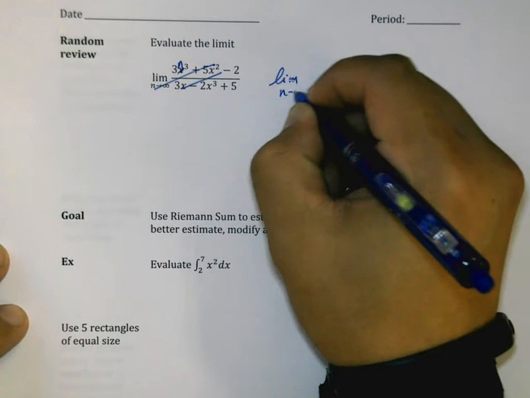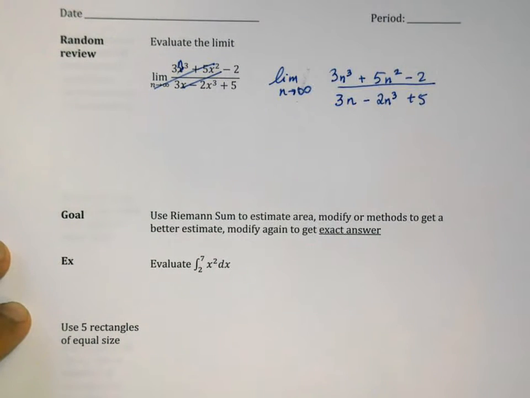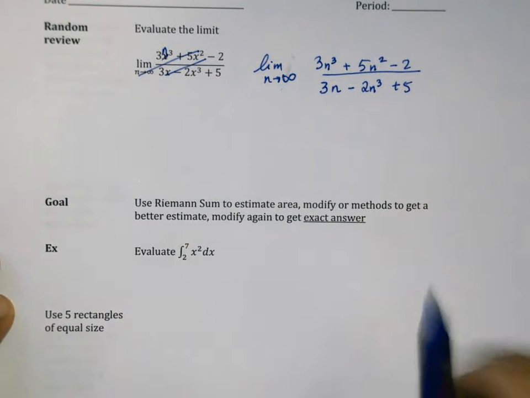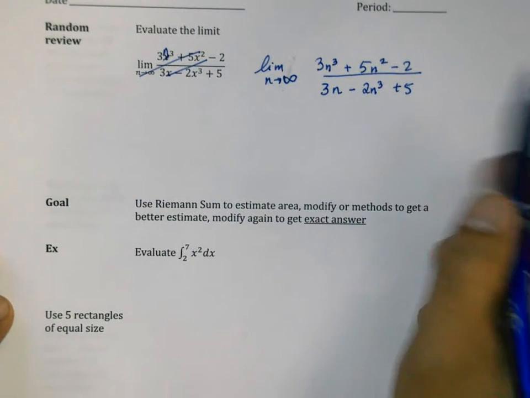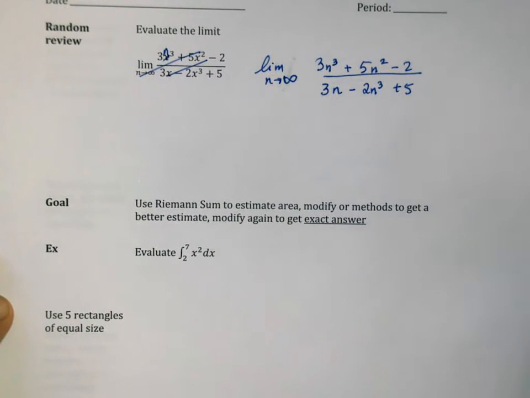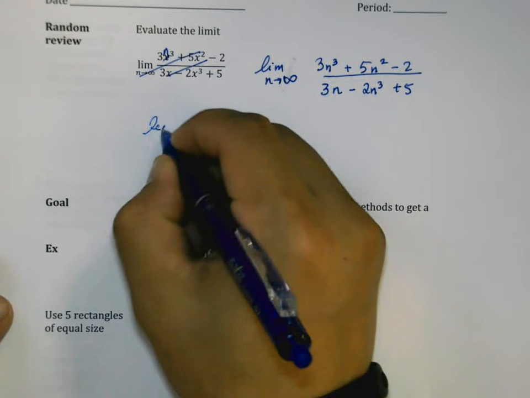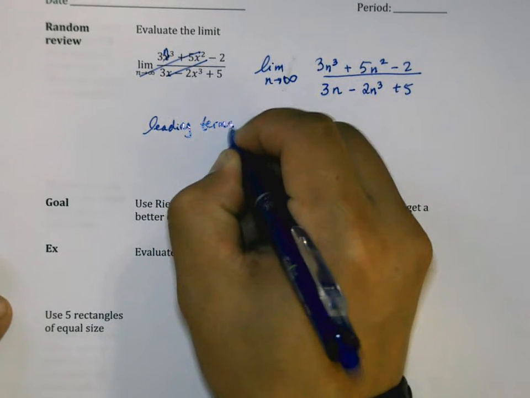This is the limit as n approaches infinity of 3n cubed plus 5n squared minus 2 over 3n minus 2n cubed plus 5. So remember, all we really need to do here is look at leading terms.